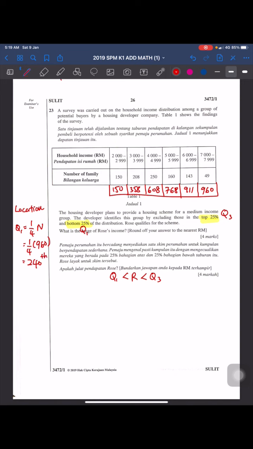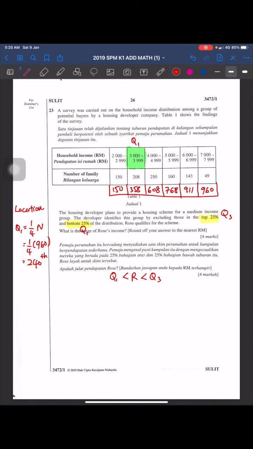So the location is 240. So from the table kita boleh cari di manakah lokasi 240. So lokasi 240 second column ni, betul? Okay, so kita highlightkan lah. So we know that this is our location of Q1.